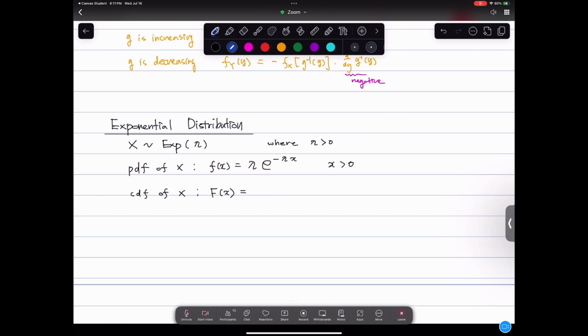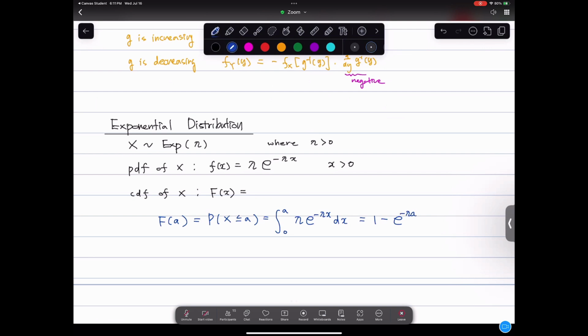If I want F(a), I'm trying to figure out X less than or equal to some number a. So I integrate this exponential function from 0 to a of lambda times e to the power of negative lambda x dx. When you do this, you get 1 minus e to the power of negative lambda times a.